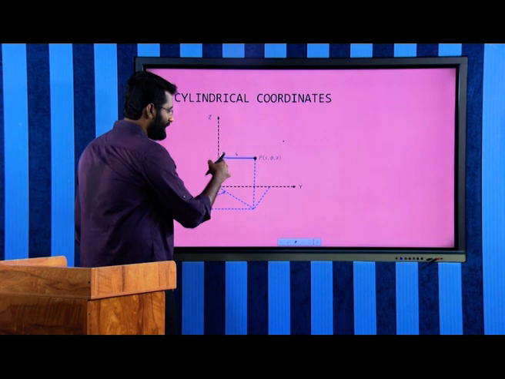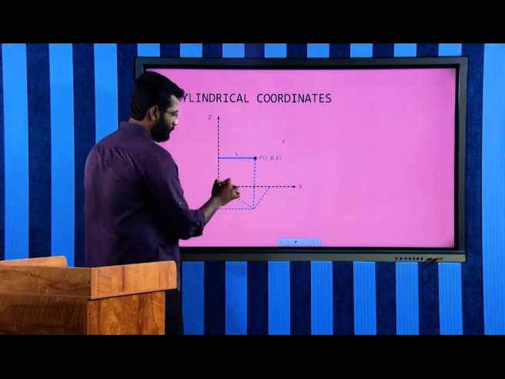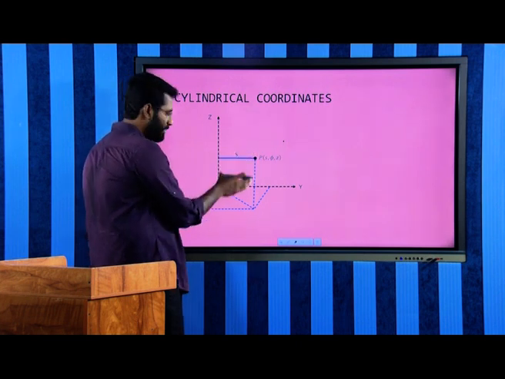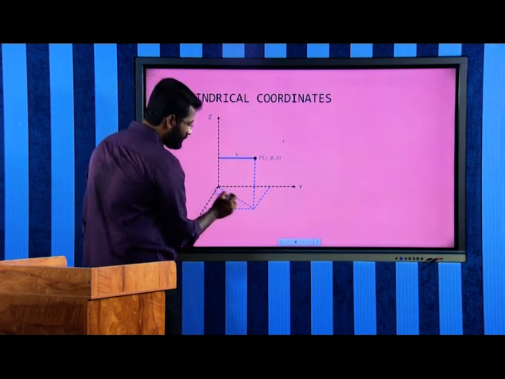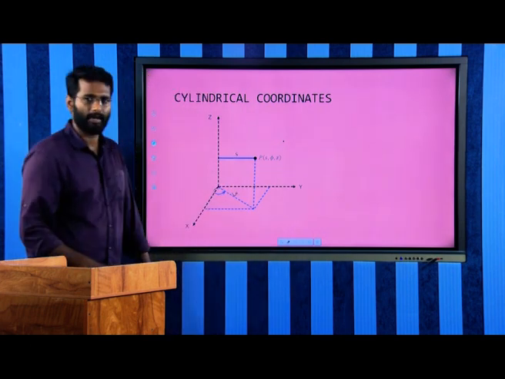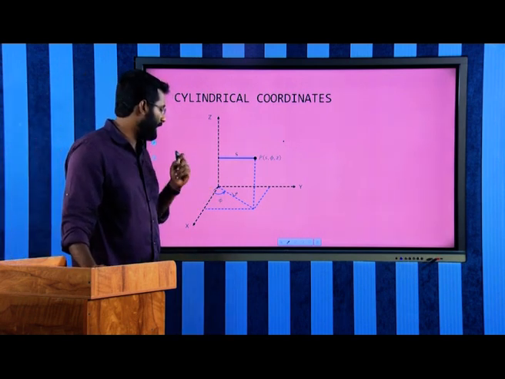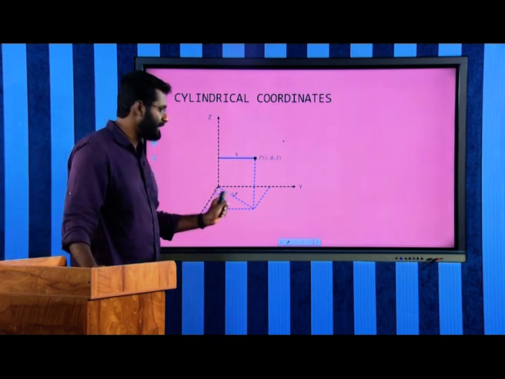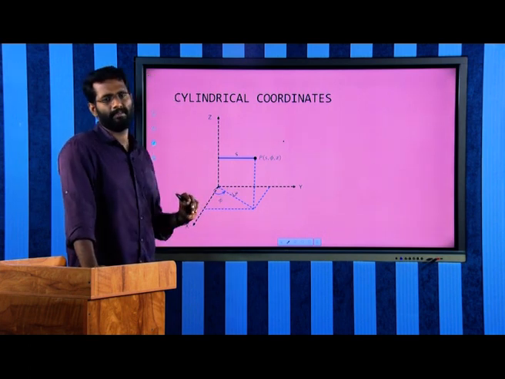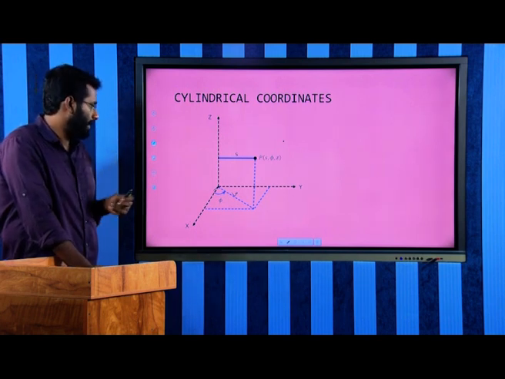Why? This s itself is the projection, so instead we make an image of S here. So, this is not r sin theta as you saw before, this is just S. Now, this angle, the angle that the projection of S on the xy plane makes with x, is called phi, similar to the spherical coordinate system.